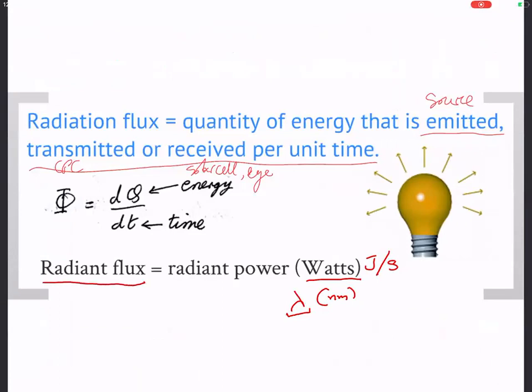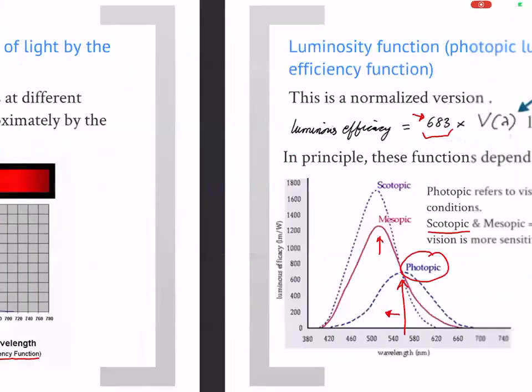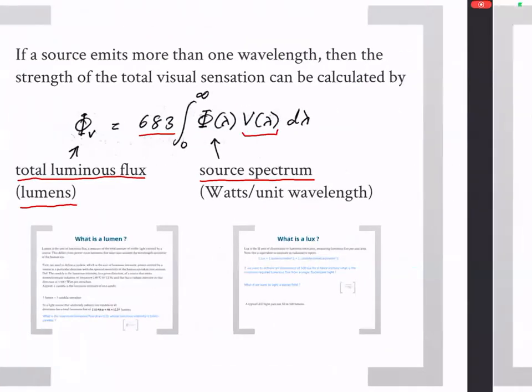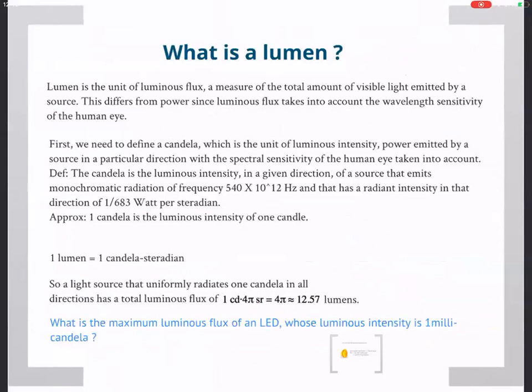This is the radiometric quantity in watts. And the analogous photometric quantity is lumens. It's a measure of the total amount of light emitted by a source. This differs from power, whose units are watts, since luminous flux takes into account the wavelength sensitivity of the human eye.